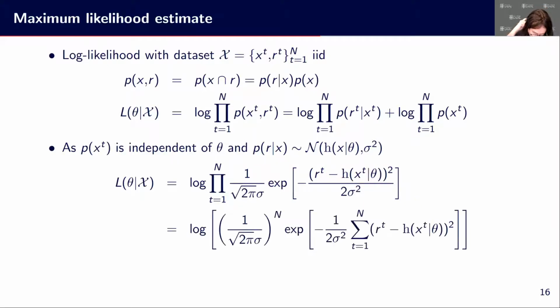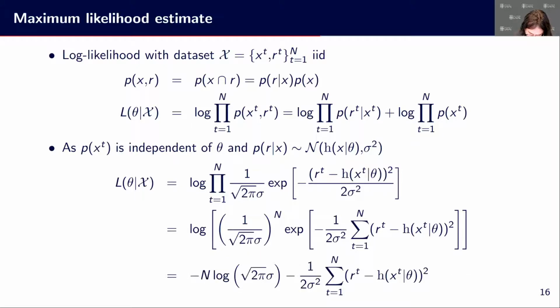So if we expand this, we get something like that. We are applying the log on that, and so we are able to get this thing here. We have the log of this thing times that thing here.